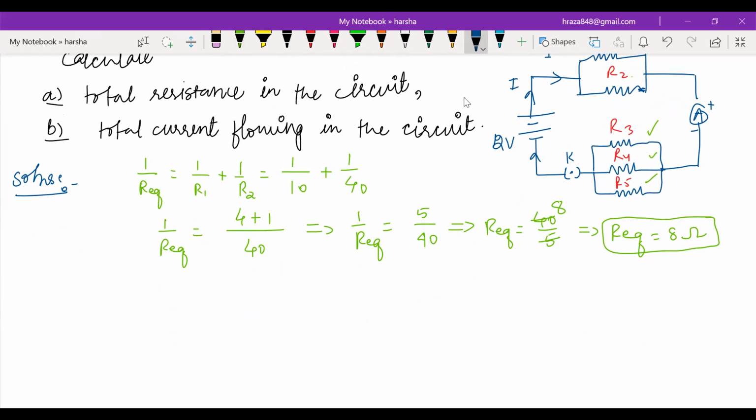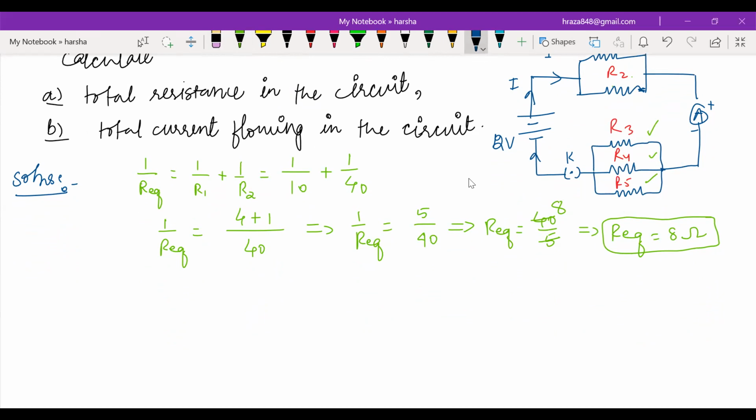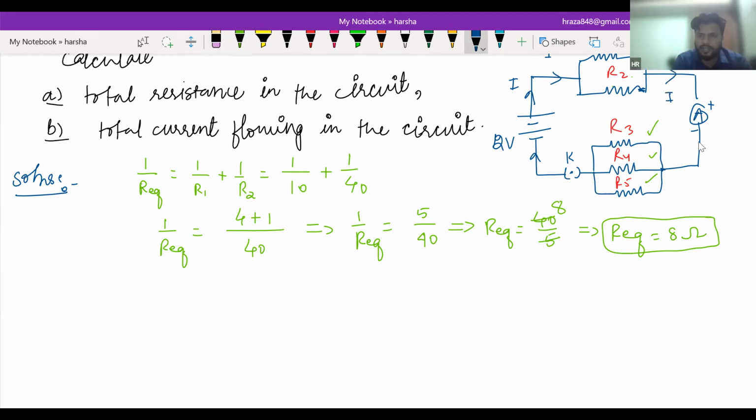Series? Harsha? Sir, parallel. It is in parallel. You can see if current is coming this way, it will be divided into three parts, so it is in parallel. So we are again going to apply the formula for this section, R3, R4, R5.